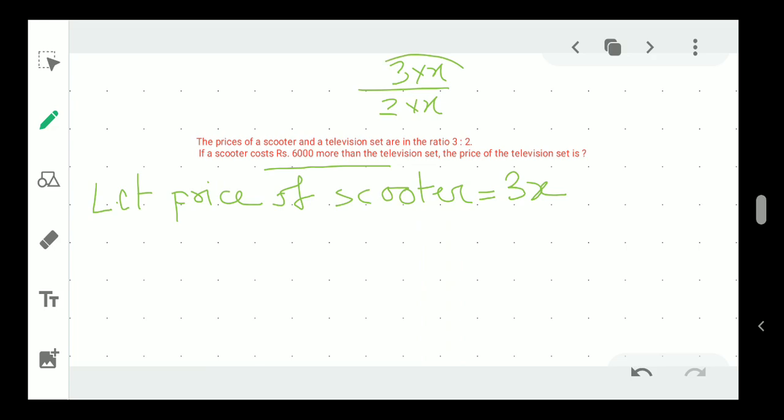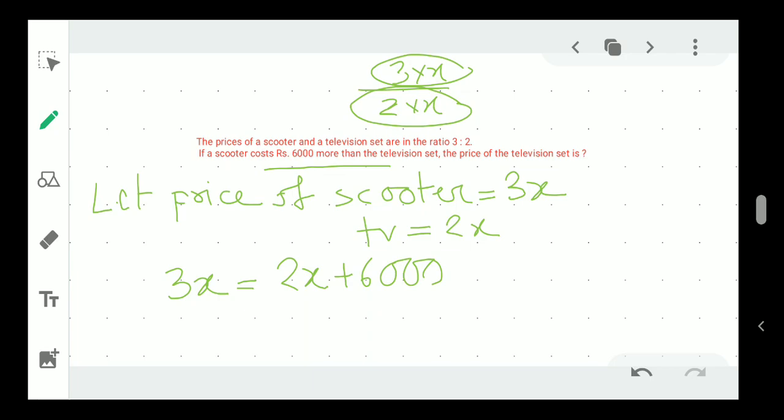So this quantity I am taking as scooter price, and this quantity I am taking as my television price. So TV cost is 2x. Now it is told that the scooter costs 6,000 more than the television, so whose cost is more? Scooter price is more. So I can write that scooter price is television price plus 6,000, because the scooter price is 6,000 more than television price.